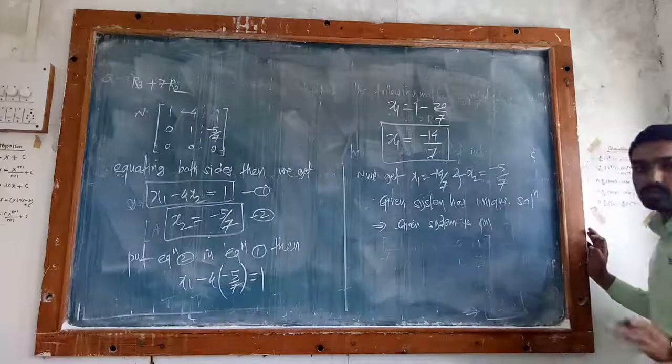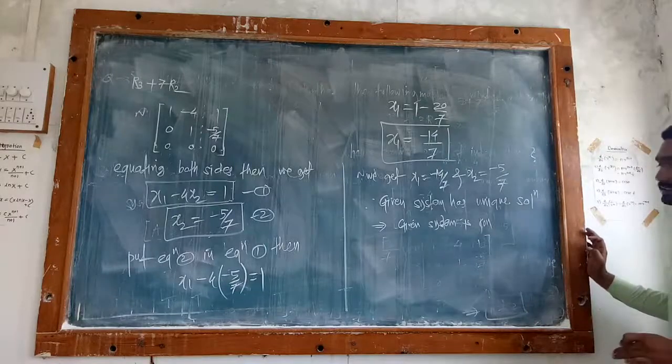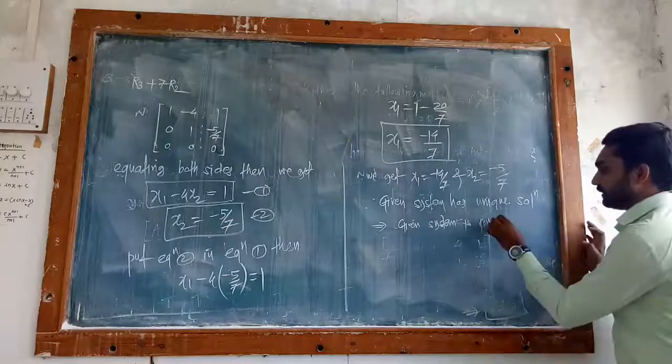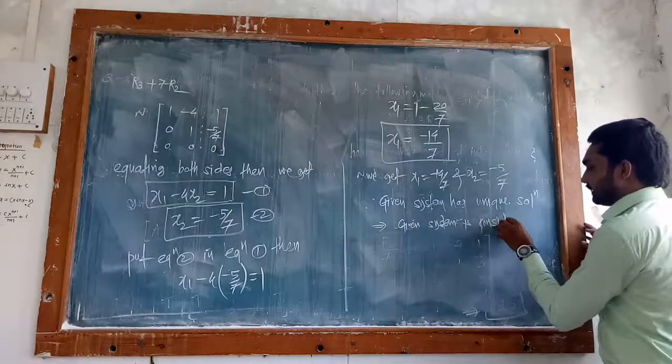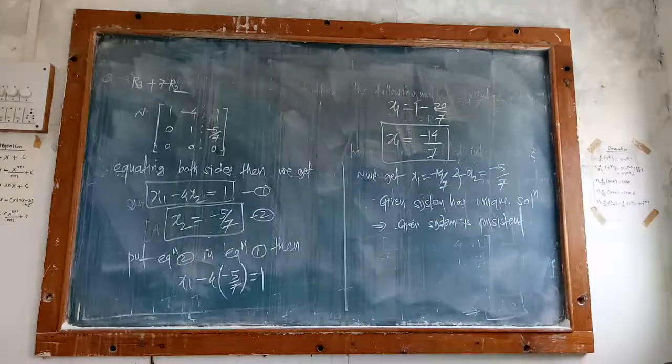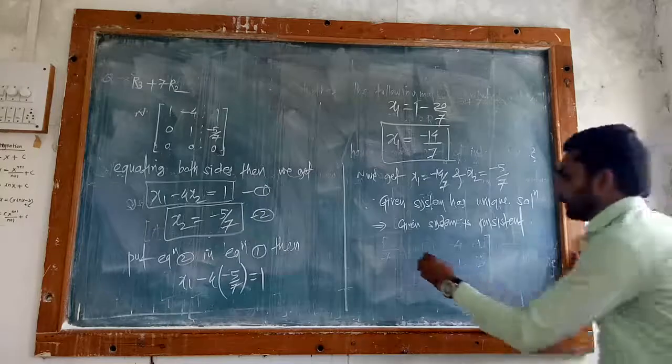If the system has no solution, then the given system is inconsistent. And if the system has a solution, that is unique or infinite, then the given system is consistent, right? So the given system is consistent, that means the given system has a common point of intersection, right?